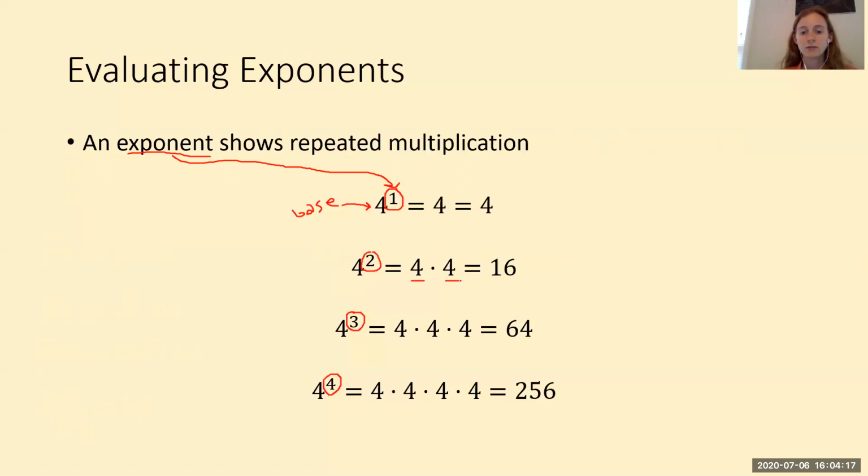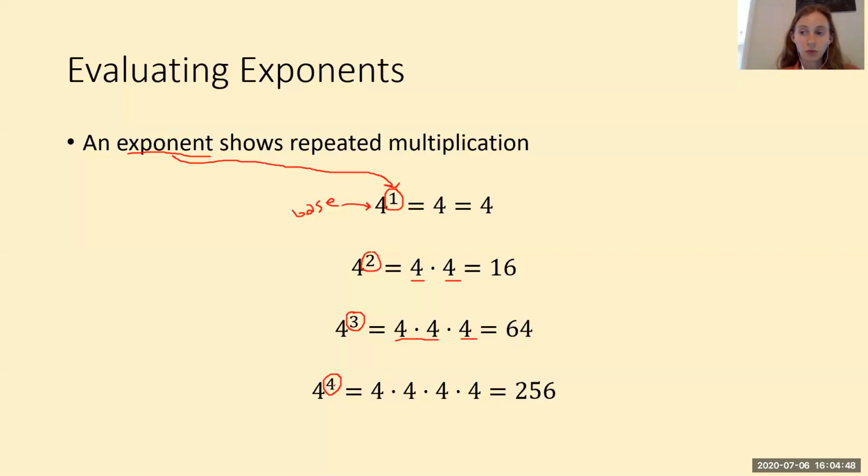We know that 4 times 4 equals 16. Okay, and then the next line here, we have 4 to the third power, or 4 to the power of 3. And that's 3 4s multiplied together. So 4 times 4 is 16. And then 16 times 4 is equal to 64.